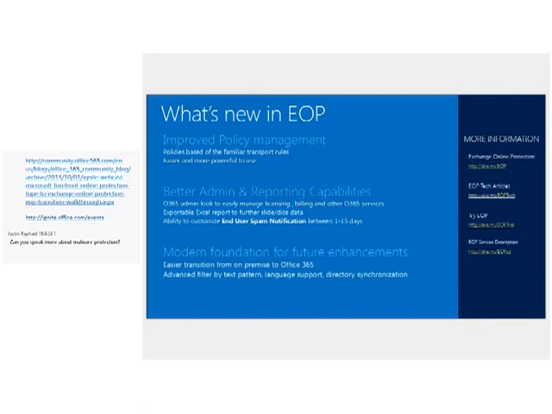Let's talk about improved policy management. Again, policy management leverages the Exchange Transport Rules, and earlier with FOPE, once you set a rule, it would take about an hour to get replicated because it relied more on replication. With EOP, that is not the case.